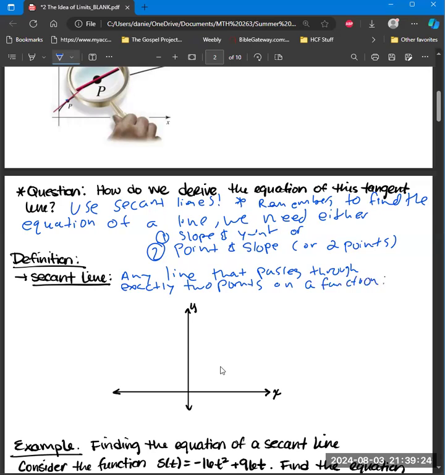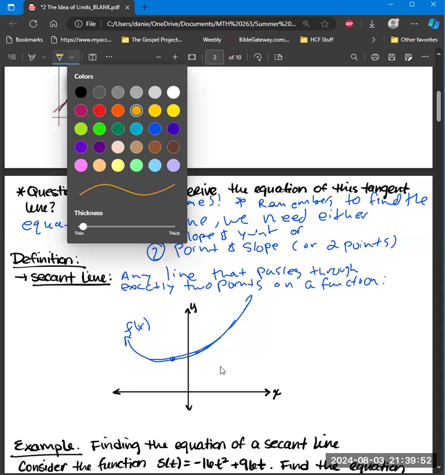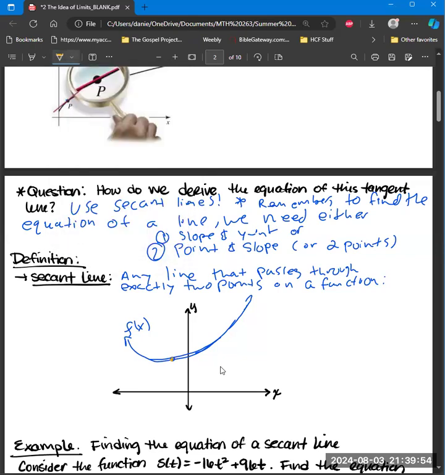It may go through other points later if the curve goes up and down a lot, but let's draw this function here, f of x, and we want a tangent line we've already talked about here at this point here.